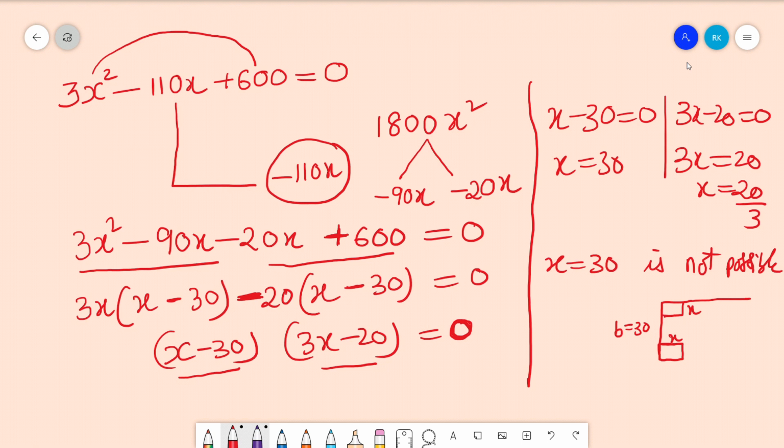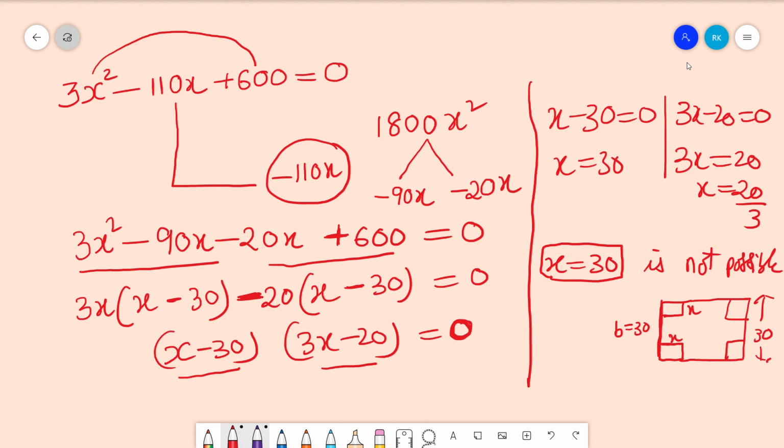So just think, how can we remove two 30s from this breadth? If it is so, then this rectangle might not have formed. So we can't remove two 30s from 30.